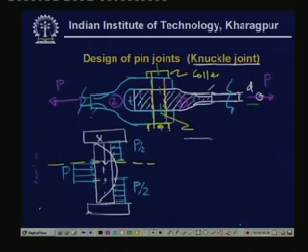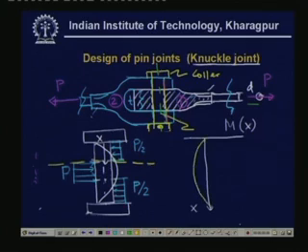If you draw the bending moment diagram on the same axis, then, if you remember the earlier drawing for the shear force, the bending moment diagram looks somewhat like this, and the maximum bending moment occurs over here.